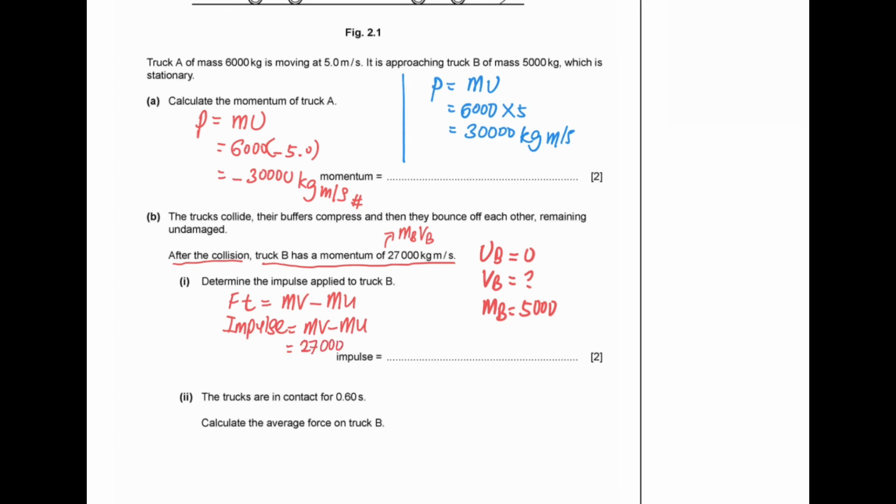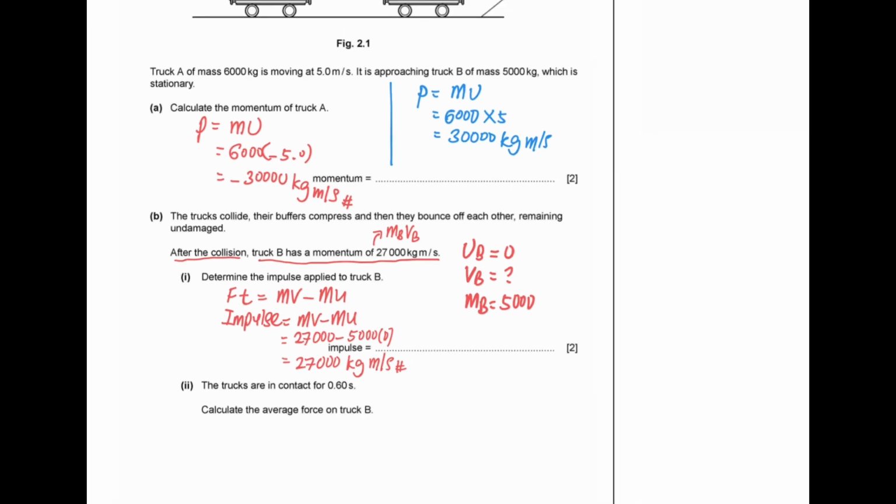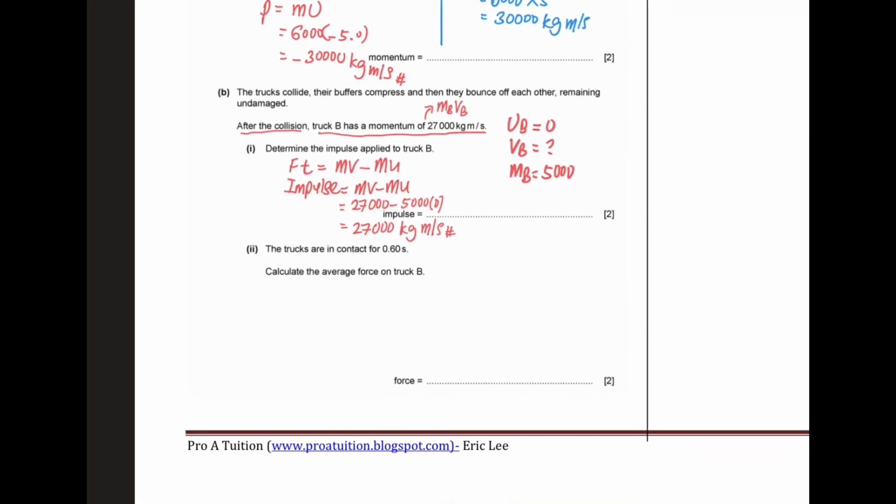So we have 27,000 minus 5,000 times 0, which is 27,000 kg meter per second. Then we get the impulse now.